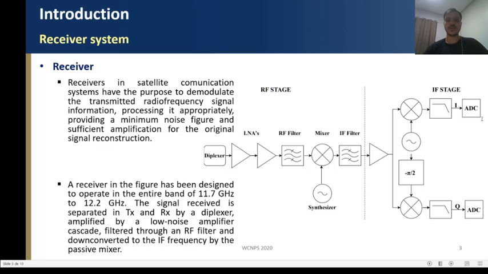The receiver in this figure has been designed to operate in the entire band of 11.7 GHz to 12.2 GHz, with 500 MHz bandwidth. The received signal is separated into TX and RX by a diplexer, amplified by a low-noise amplifier cascade, filtered through an RF filter, and down-converted to IF frequency by the passive mixer.